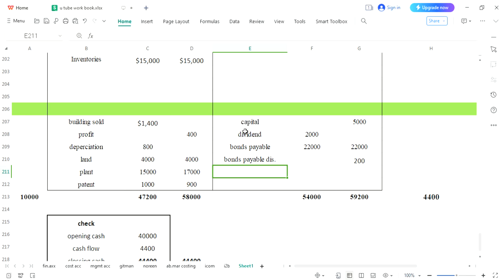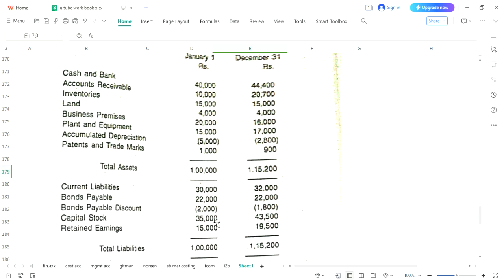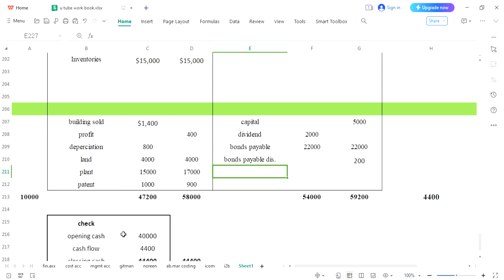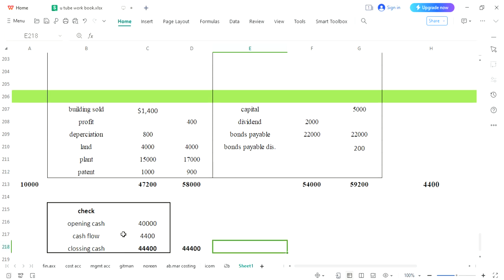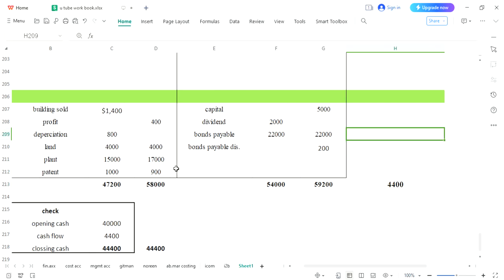Look at here. Capital is written. Retained earning has no effect because you do know retained earning is the amount which is retained, not moving out or in. Alright guys, so finally what we have done, this was your answer because I have already put the formula over here and how you will do it.